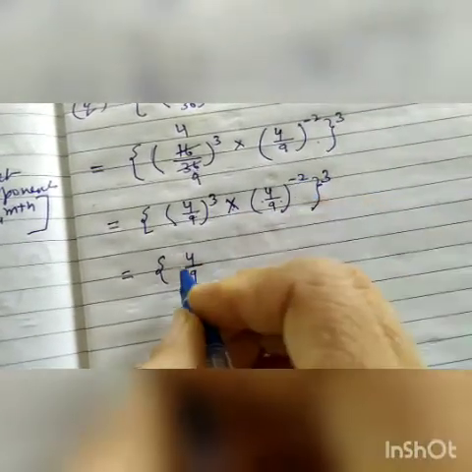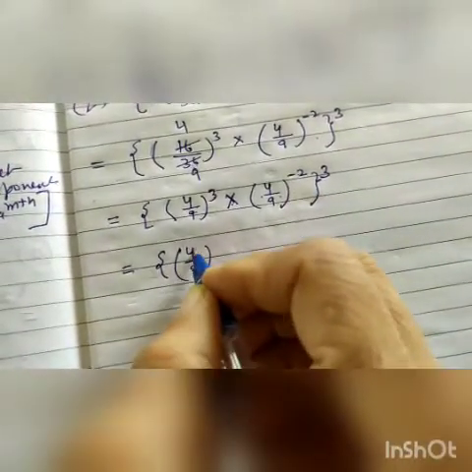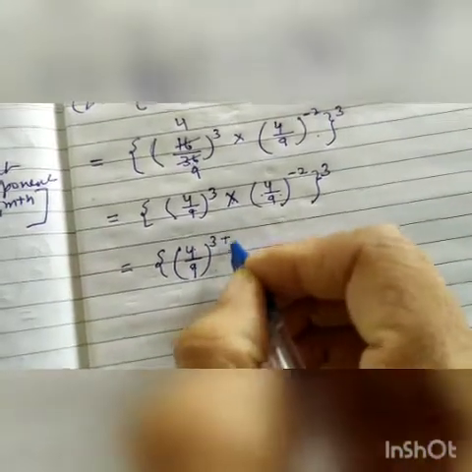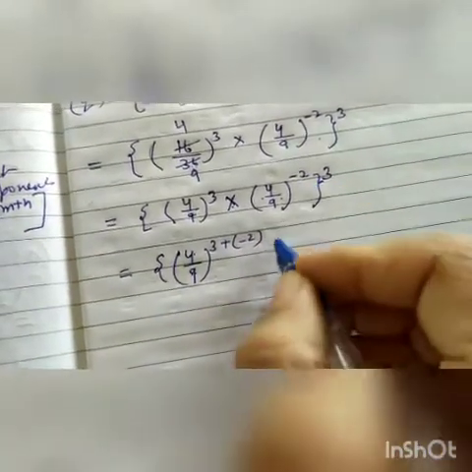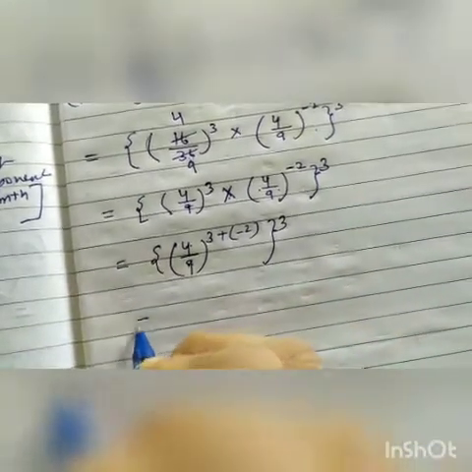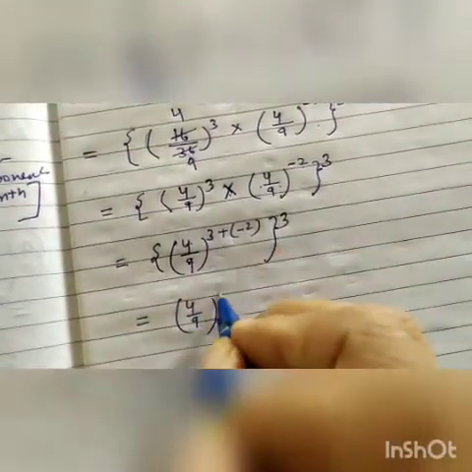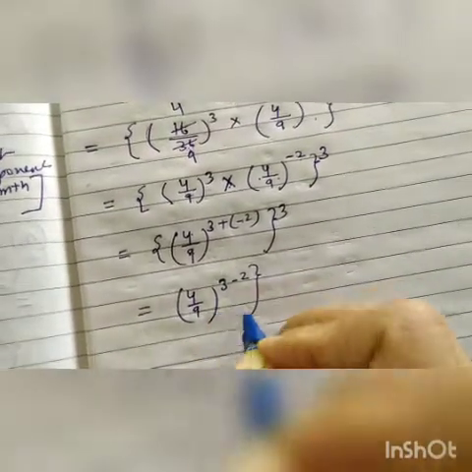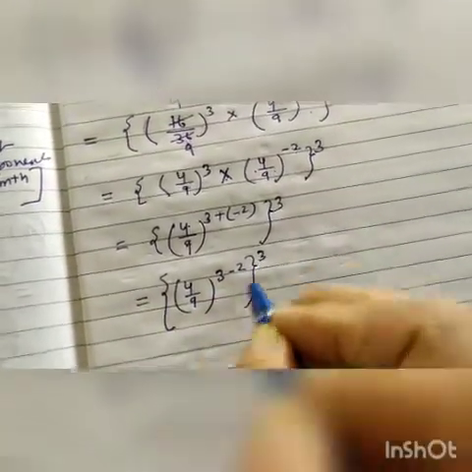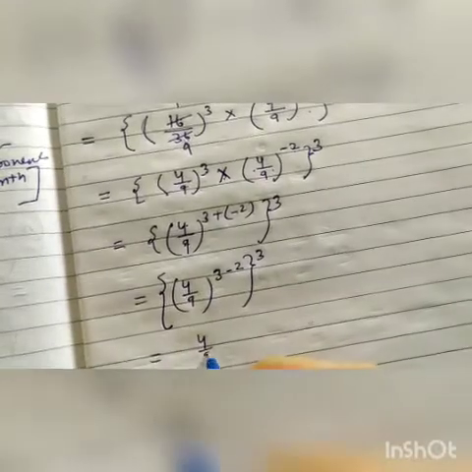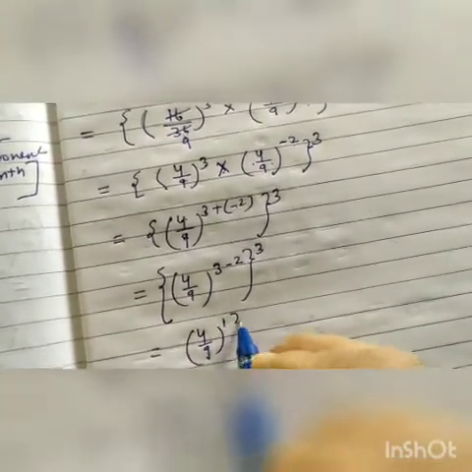So we will add the powers, we will write (4/9) power 3 plus minus 2. Then whole cube, it will be 4 upon 9 power 3 minus 2. It will be 3 minus 2. Then whole cube is equal (4/9)^1 whole cube.